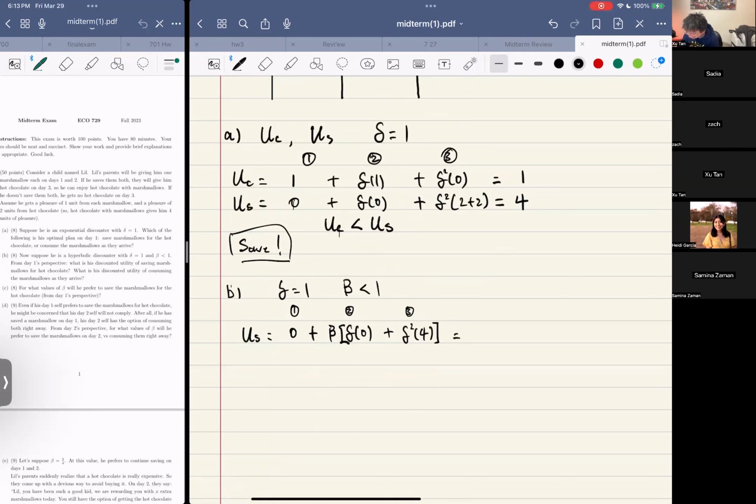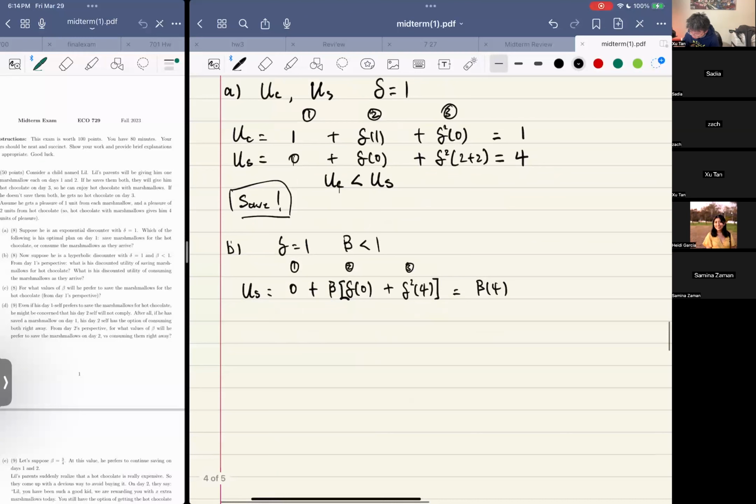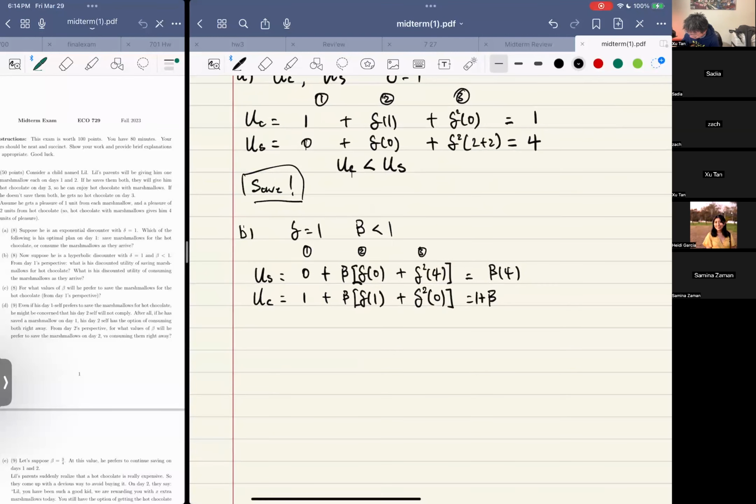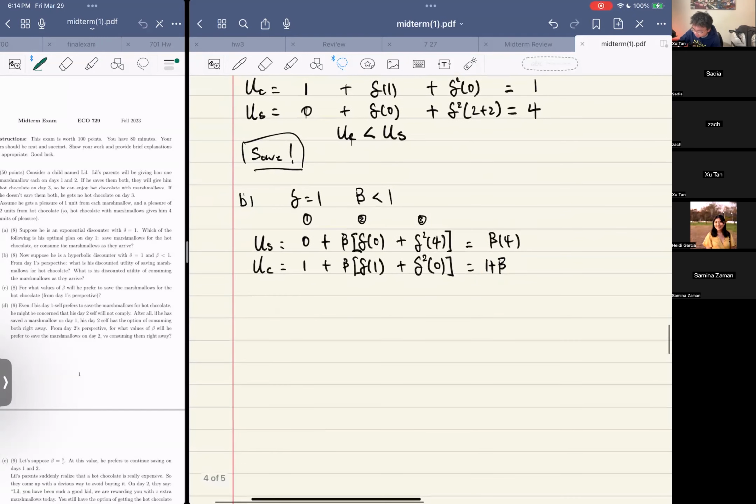This equals beta 4. And U for consume is 1 plus beta delta of 1 plus delta squared of 0, which equals 1 plus beta. And that's it. That's how you set up for B.